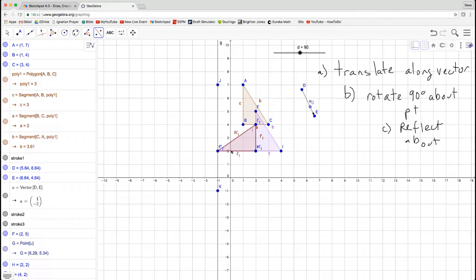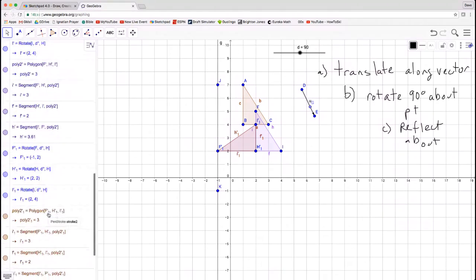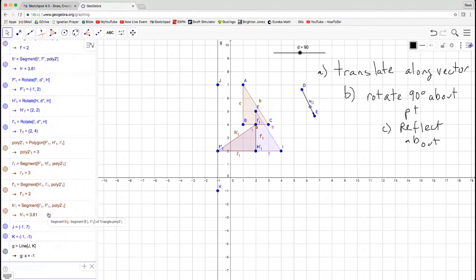Come on, give it to me. What if I reflected about a point? Triangle poly. Let's see, I've obviously done something wrong here, and I didn't expect to get grief from GeoGebra when I did this exercise.